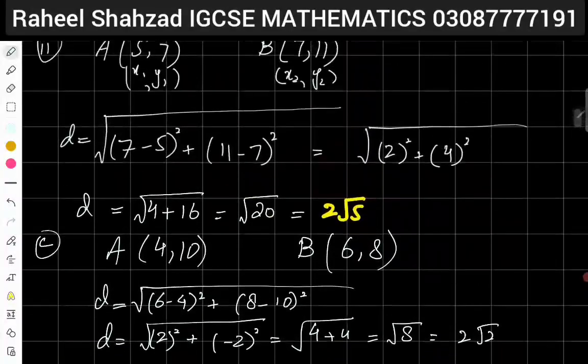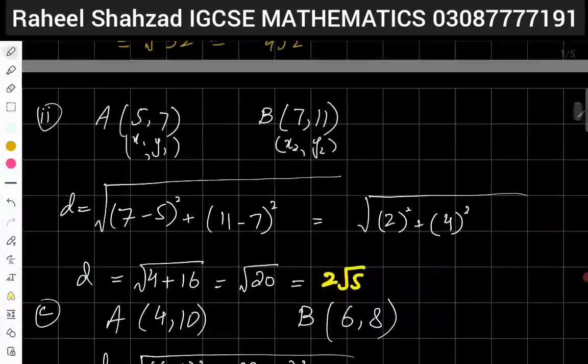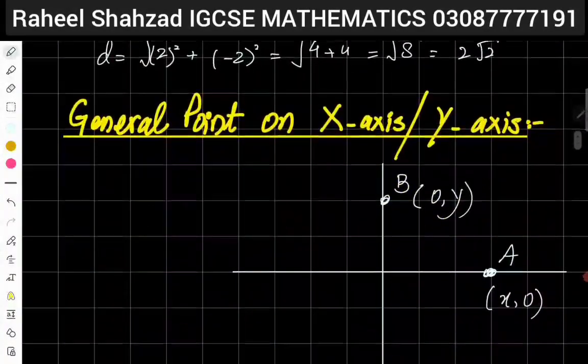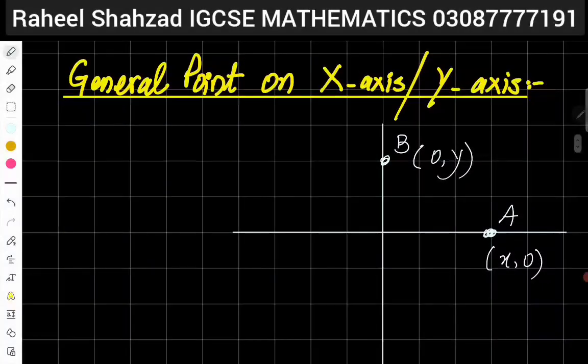Okay, so that's how we find the distance between 2 points. I hope it's clear. It is simply the square root of (x2 minus x1) whole square plus (y2 minus y1) whole square. We should also know, because in exams, some questions ask for general points on the x-axis and y-axis.